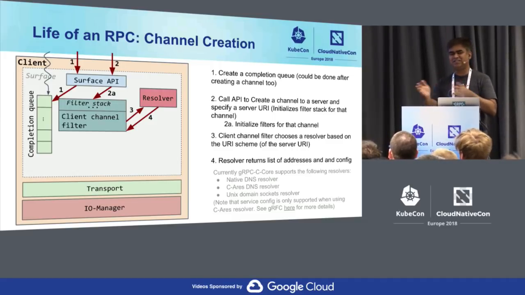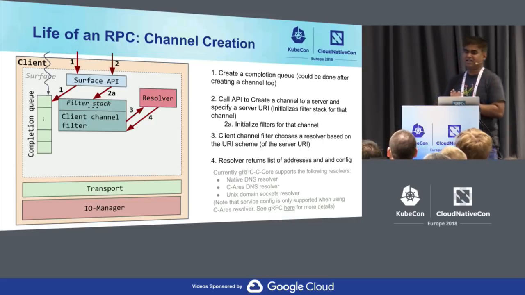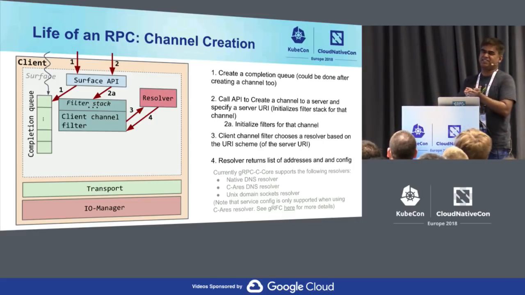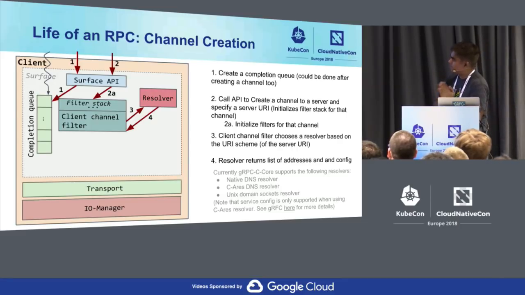I might be referring to the term backends and addresses interchangeably, but essentially, when I say backend, it's one of the addresses that the resolver resolved. So the resolver returned a bunch of addresses, and I listed the resolvers that the gRPC open source version has.